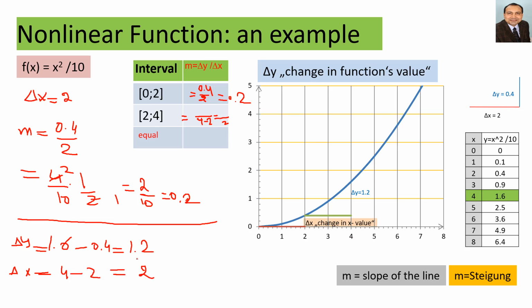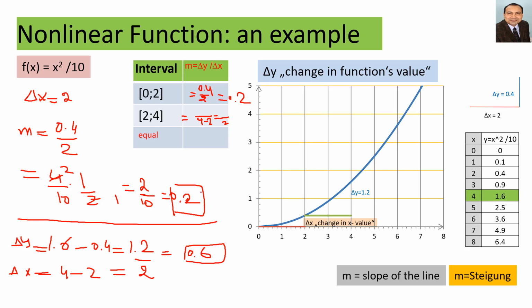So m is delta y divided by delta x. Here you have 1.2 divided by 2, which is 0.6.